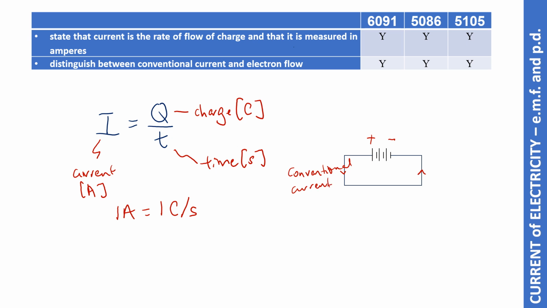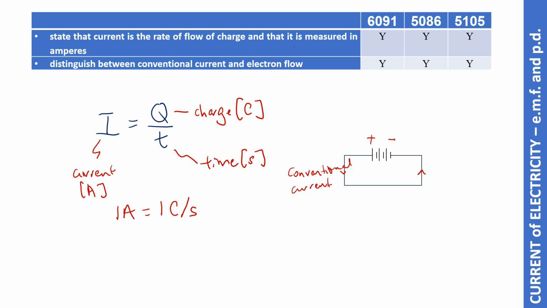Now, however, later on, when current was discovered, they found that the charge that moved around the circuit was actually negatively charged, the electrons. So it was only later that they discovered that electrons moved in the opposite direction.